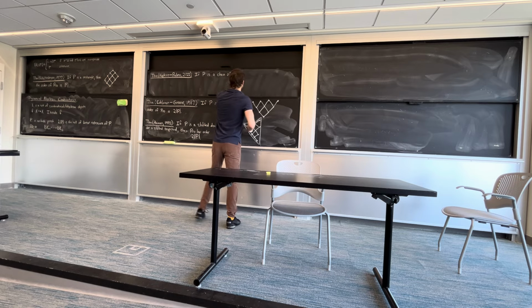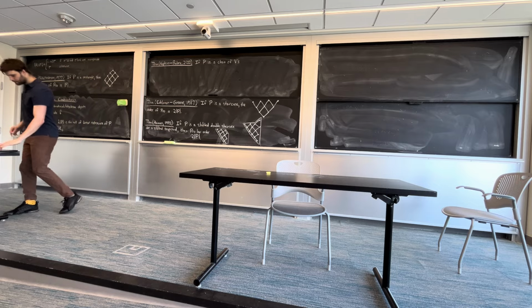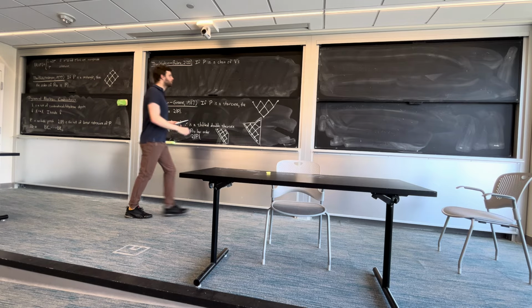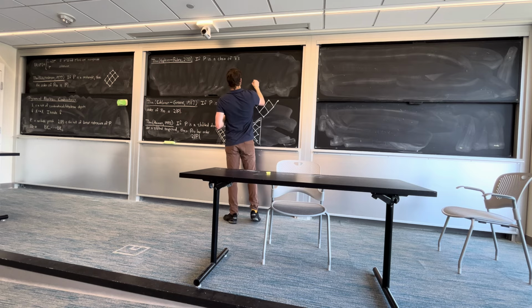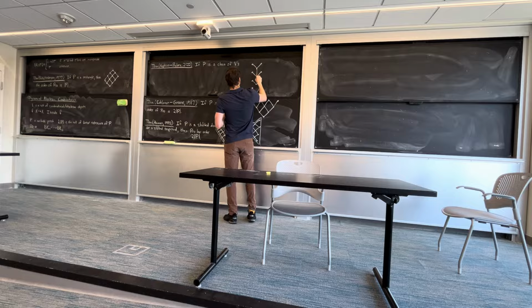What is a chain of V's? It looks like this. You have a bunch of V's stacked on top of each other, and then you have these edges here.